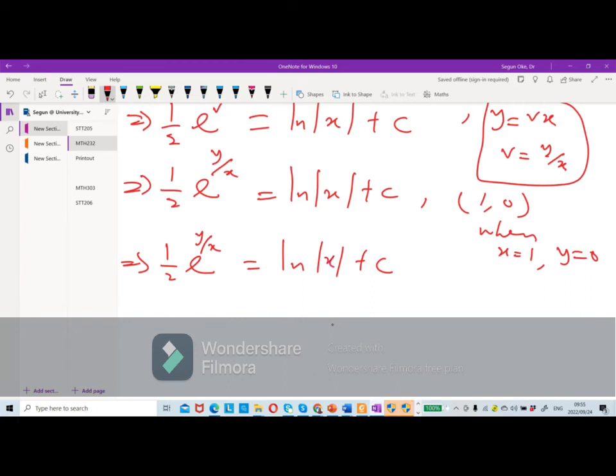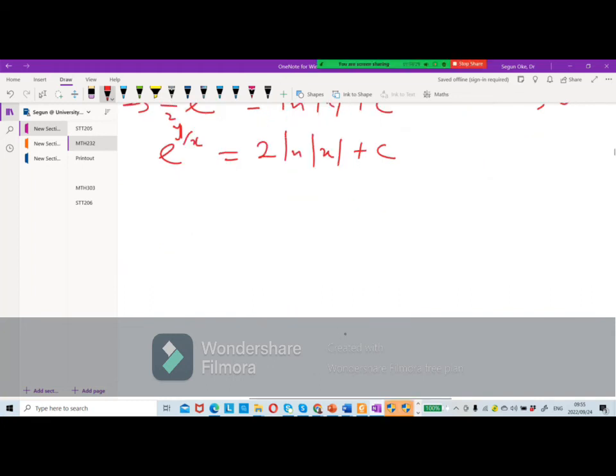When you multiply 2 by 2, you have it to be e to the power y/x equals 2 ln x plus c. But 2 ln x plus c here is the same thing as e to the power y/x equals ln x raised to power 2 plus c.